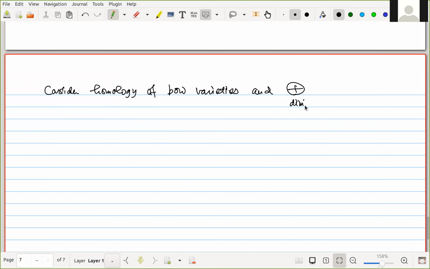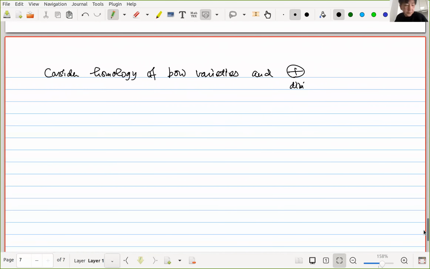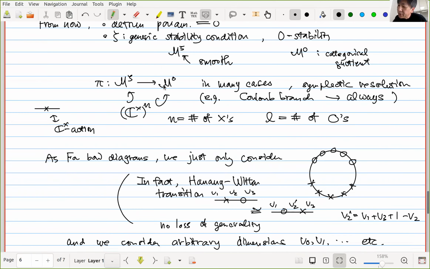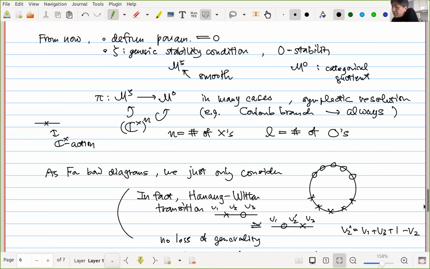They are non-compact. Maybe I didn't say so. M0 is an affine variety. This building block, the product of a general linear group and a slice, is an affine variety.